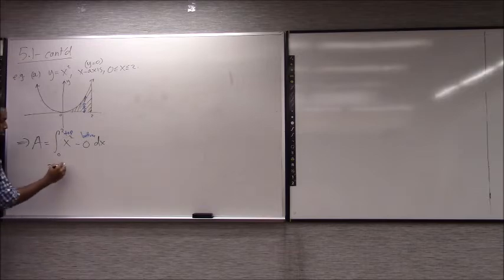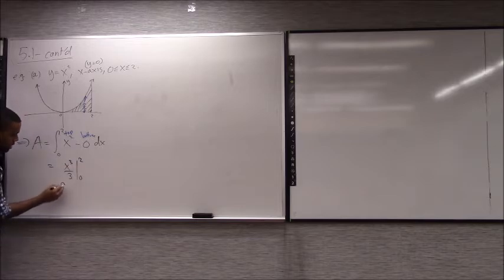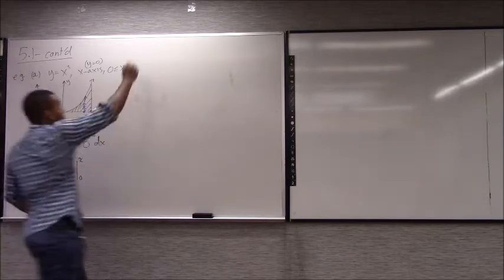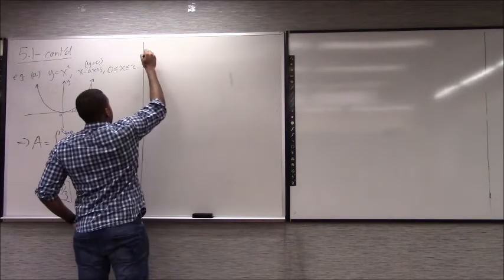So then it's x cubed over 3 between 0 and 2, so that's 8 over 3. That's Calc 1. Okay. What was the second example?